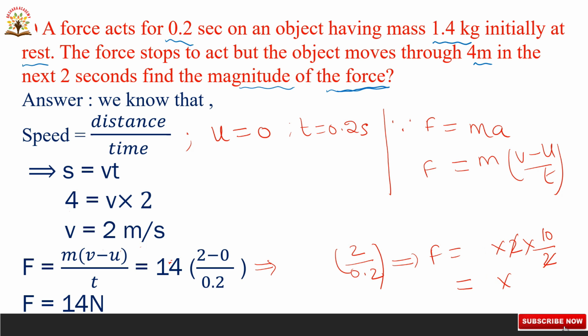The m value they have given is 1.4 kilogram. So 1.4 into 10 becomes 14 newtons. Finally, the magnitude of force F is equal to 14 newtons.